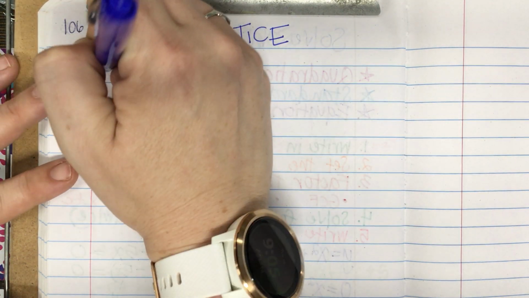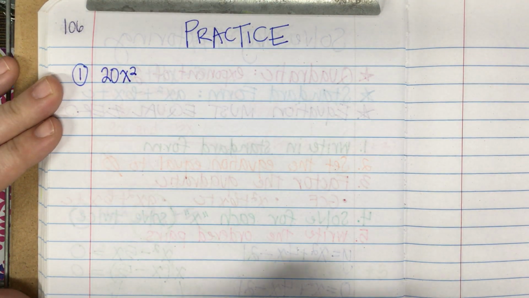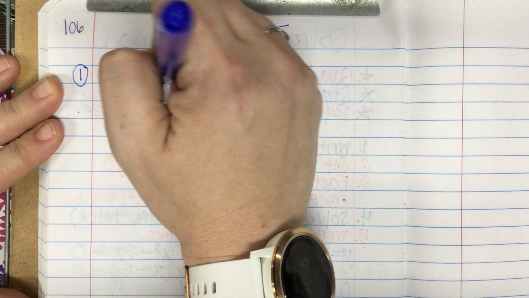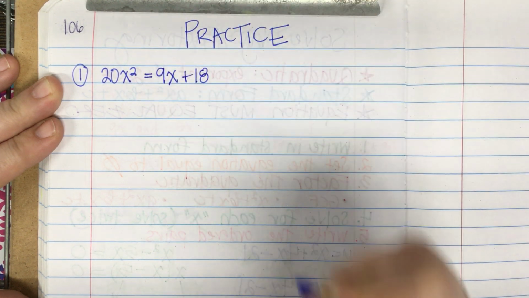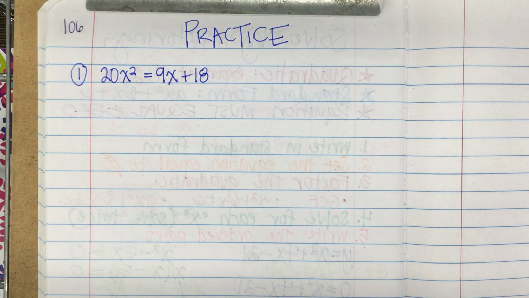That's what I want to hear. 20x squared equals 9x plus 18. Woo! That's a big one.